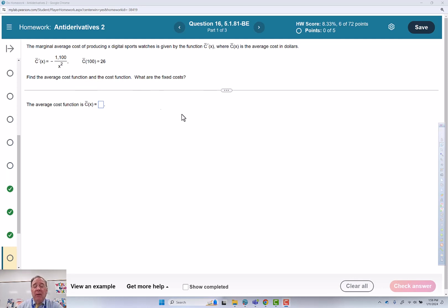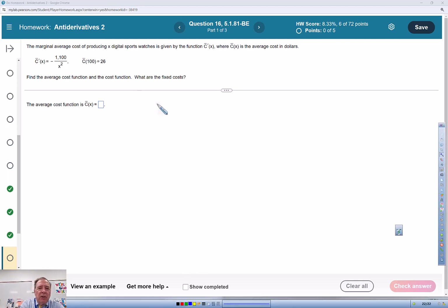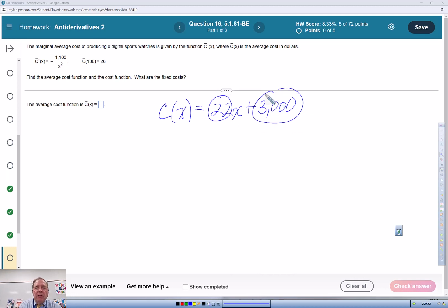So before we start attacking this problem, let's review a cost function. A linear cost function will look like this. C of x equals, say, 22x plus 3,000. Variable cost, fixed cost.